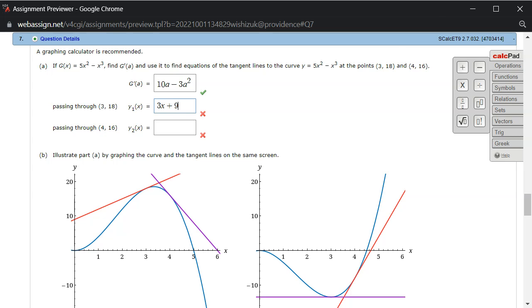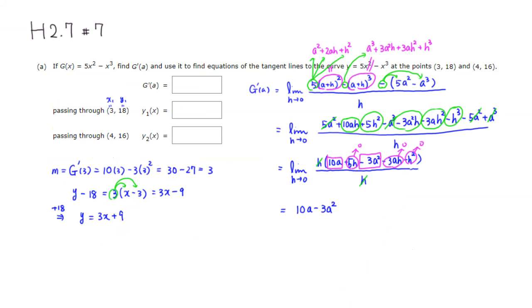Right, let's go ahead and do the other one too. For the other one, we're going to let this one be x1 and this one be y1. Actually it's y2, I guess. And so the slope: if you want to find the slope, we look at g prime and then plug in this time 4, right?